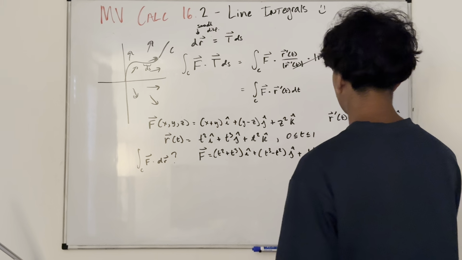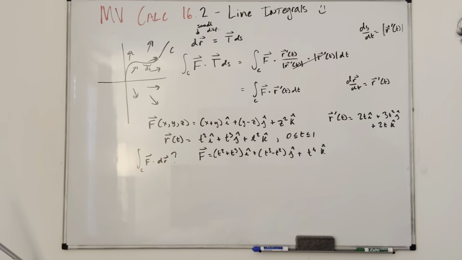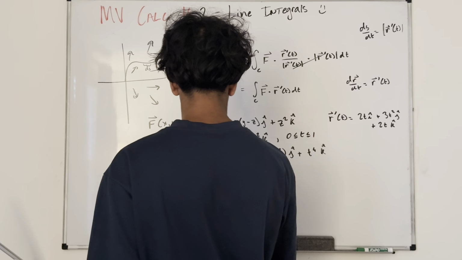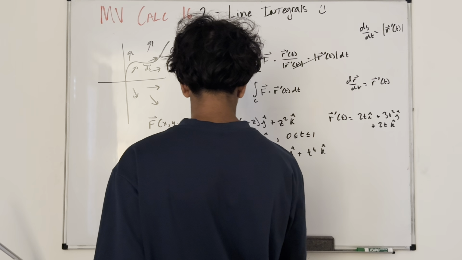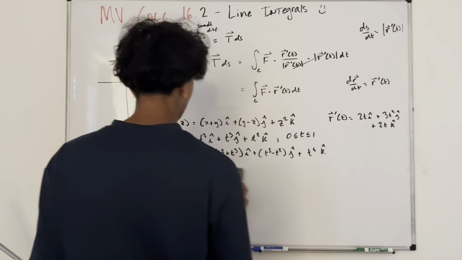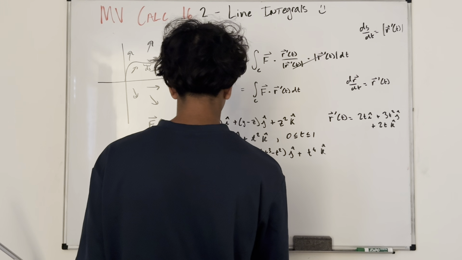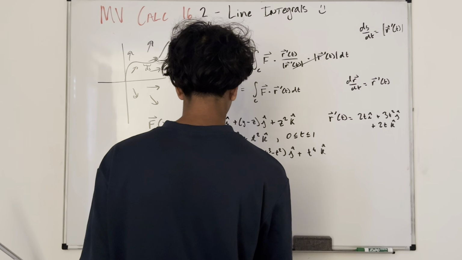Now we want to take the integral from 0 to 1 of f dot r prime of t dt.